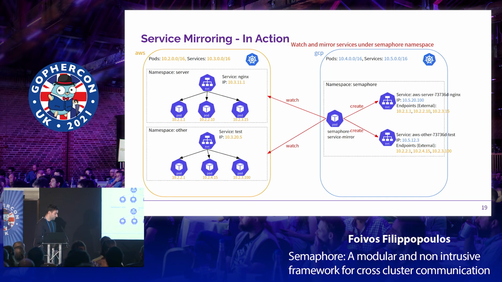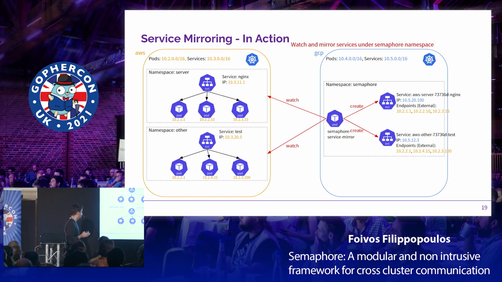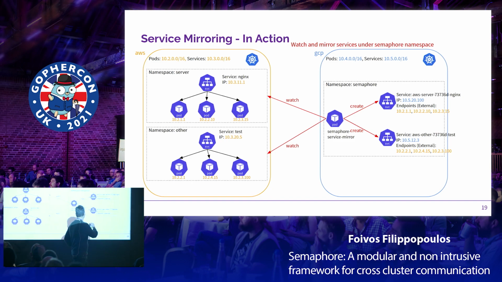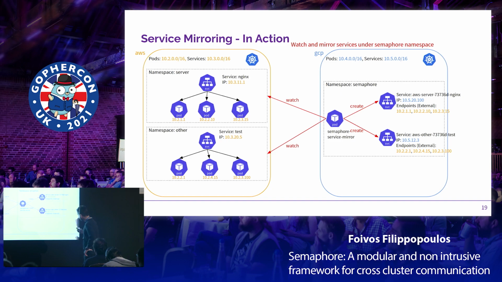Now, again, to make things a bit more visual, on the left, we have our AWS cluster, 2 namespaces, 2 different services deployed there. You can see the pod range and the services range, which are different from the ones on the right side. We have our GCP cluster.